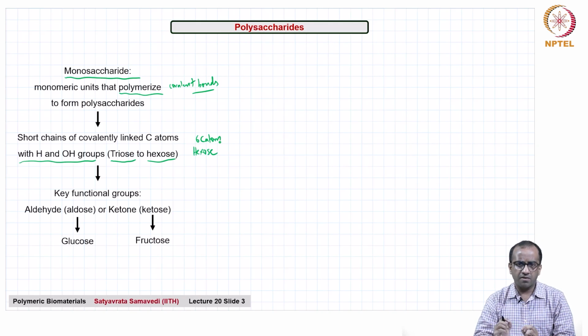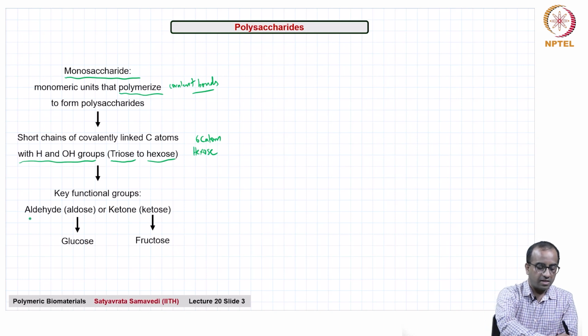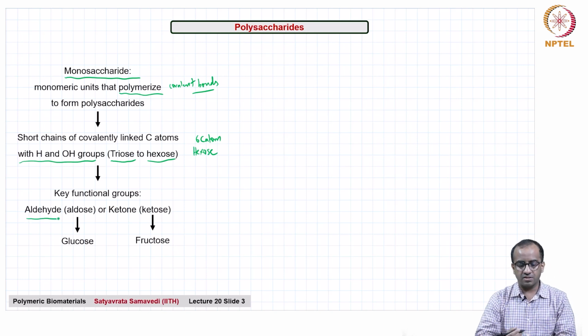And from a functionality perspective, and if you recall some of our earlier discussions, we have looked at the importance of the functional group. There are two very important functional groups that are typically associated with these monosaccharides, and they are either the aldehyde group, in which case they are called the aldose, and one very famous example of that is glucose.